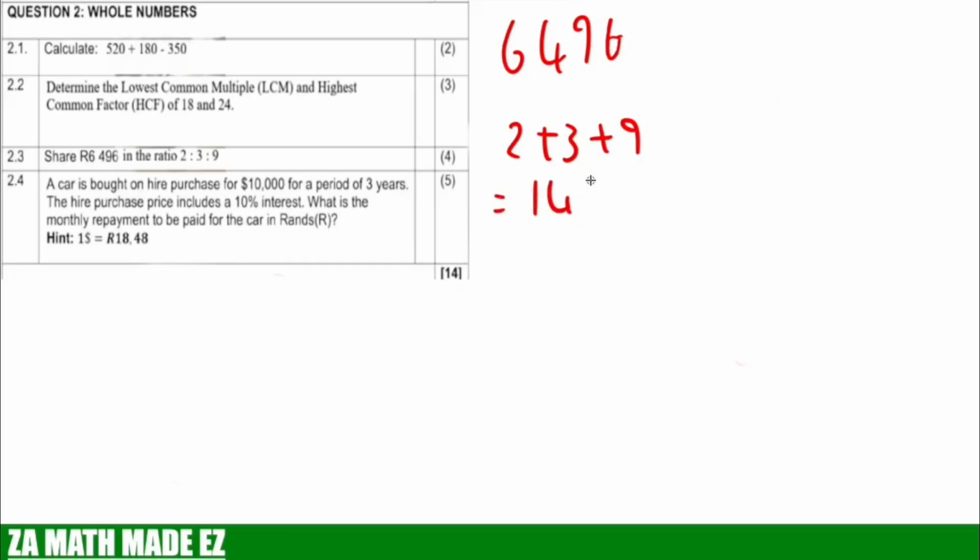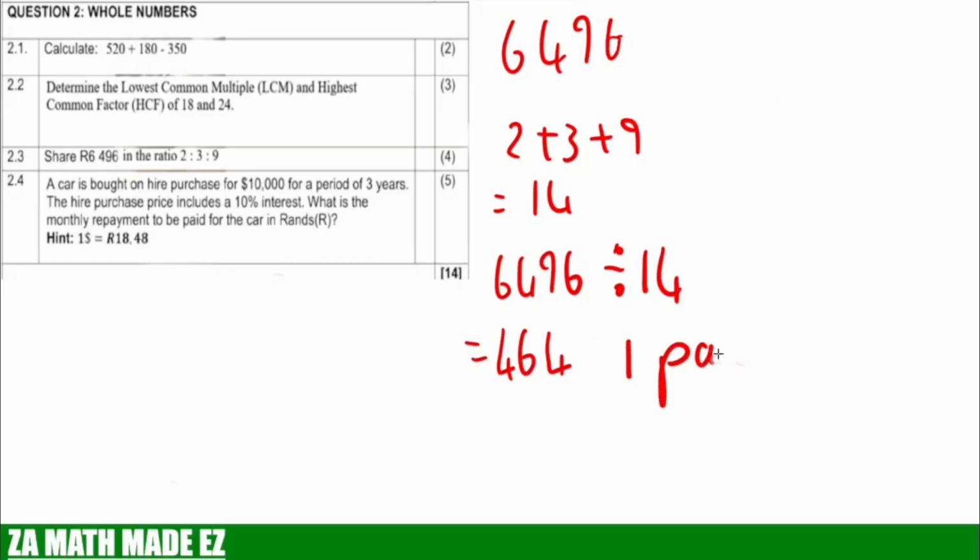So now you take the number 6496 and divide it by 14, and that would be 464. So the 464 represents one part of the ratio 2:3:9.